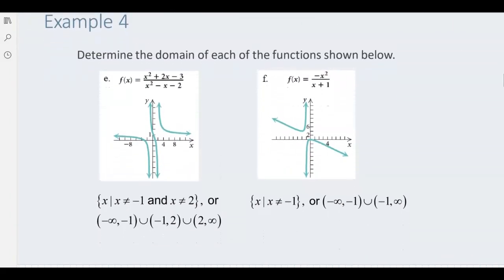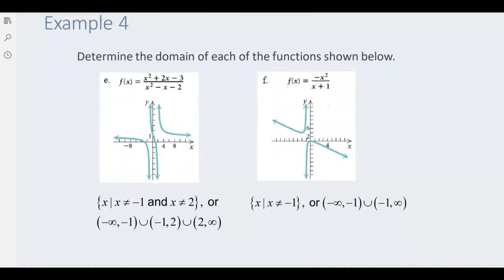Here are 2 more examples. Now, this graph E had a similar denominator. I think that factors a little bit differently, right? Because it would be x minus 2 and x plus 1 instead. So we can see that we still have those 2 asymptotes, one at +2 and one at -1.